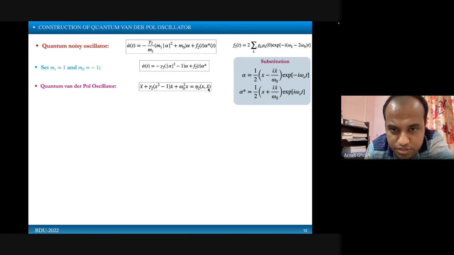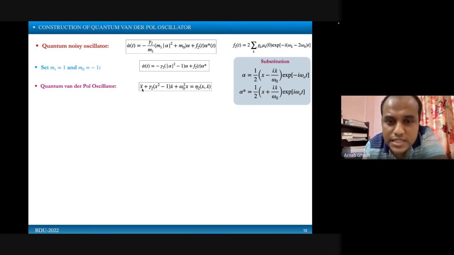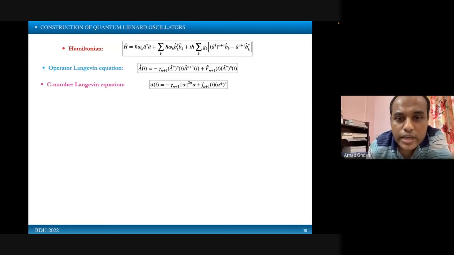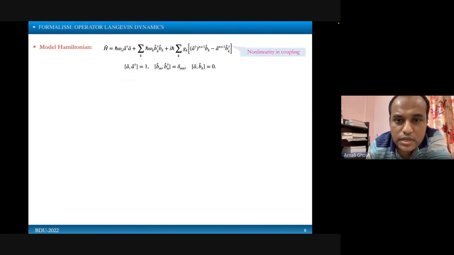I need this to identify this explicitly as a Van der Waals oscillator. But where do you get this M1 and M0 in the C number Langevin equation? How do these parameters arise? This appears even before.